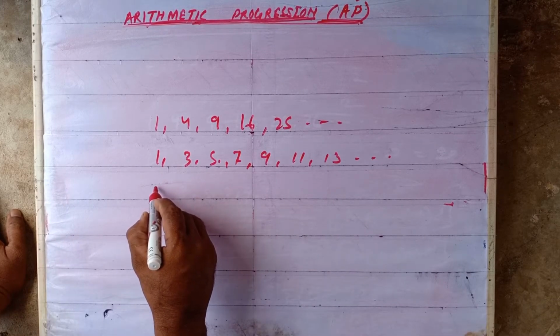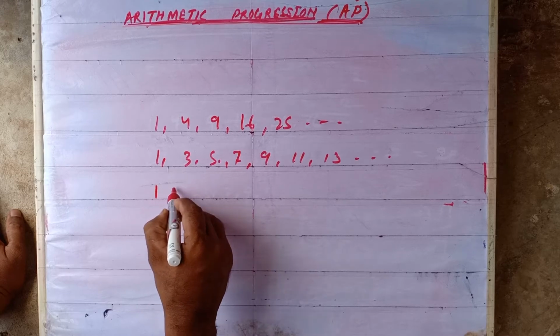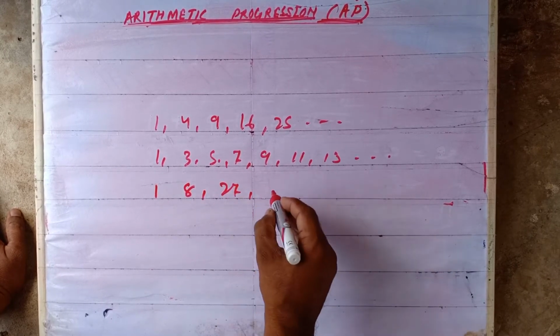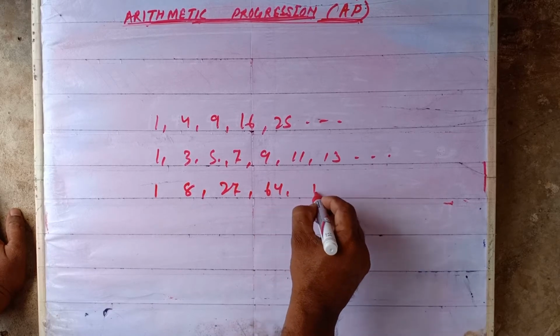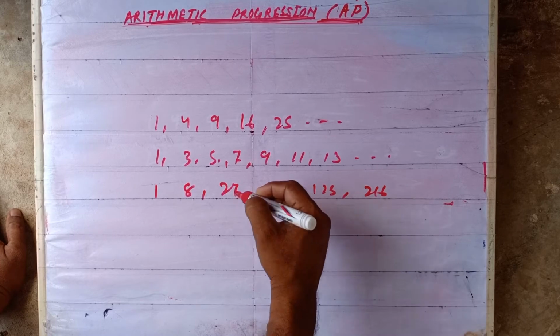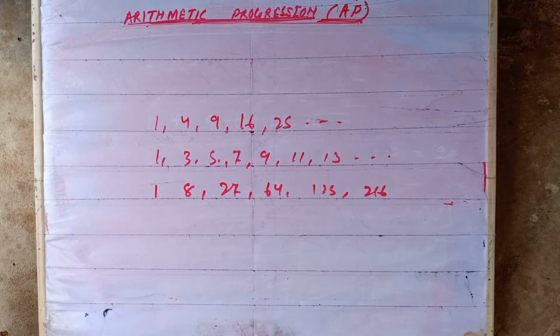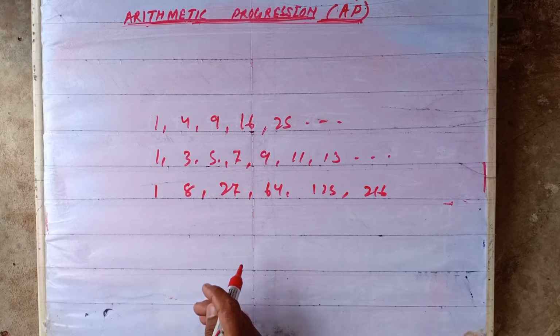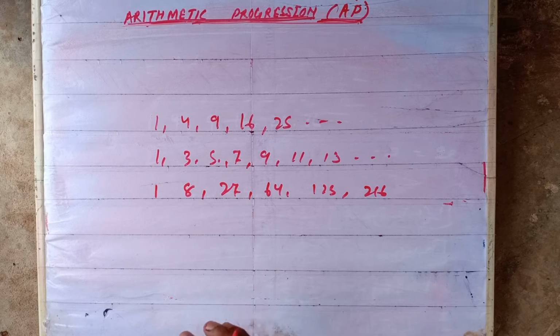Similarly, I can write 1, 8, 27, 64, 125, 216, like that. This is the cube of natural numbers. But here we are going to discuss today only a sequence which is in arithmetic progression.